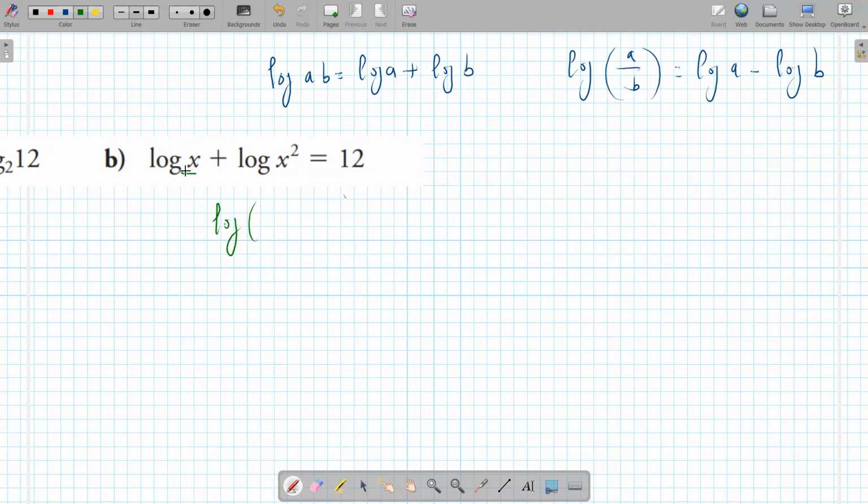You multiply x and x squared. What's x times x squared? X cubed. So log of x cubed is 12. So right now you're in log. You need to turn this into an exponential because you can't cancel out any logs at this point.